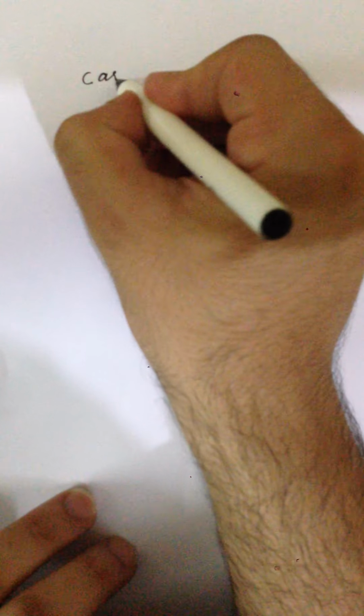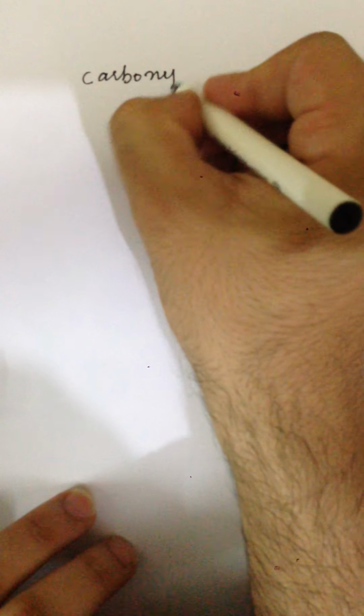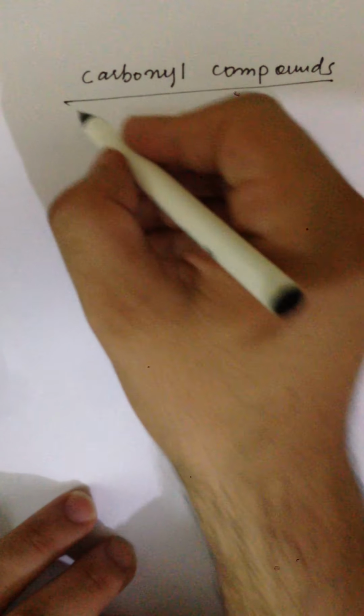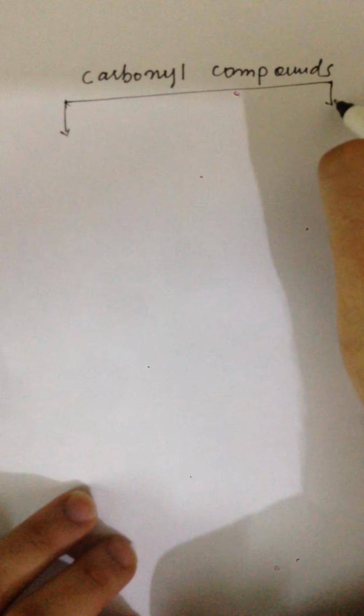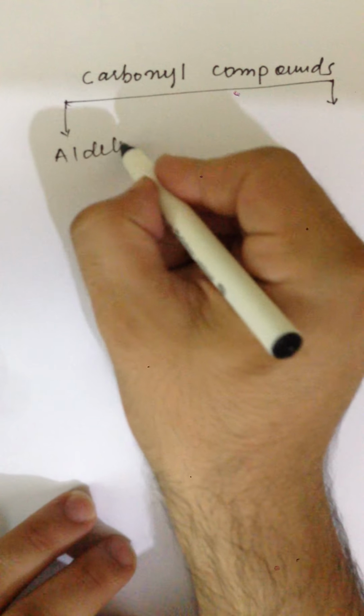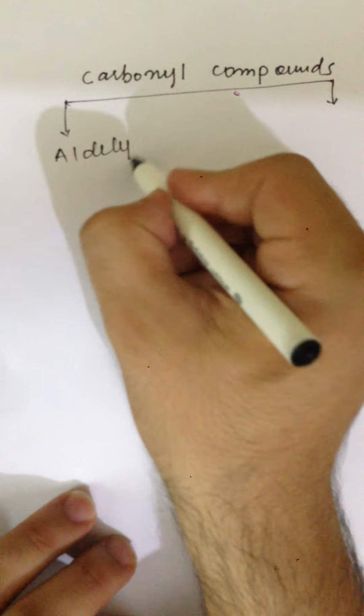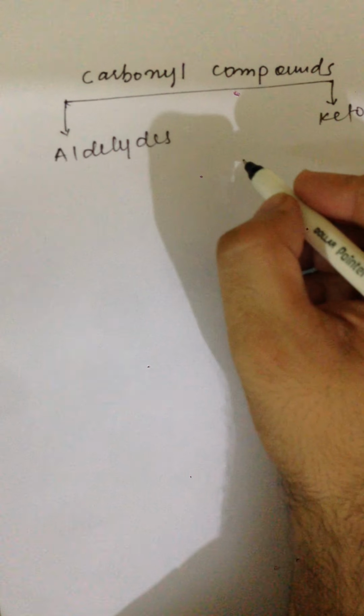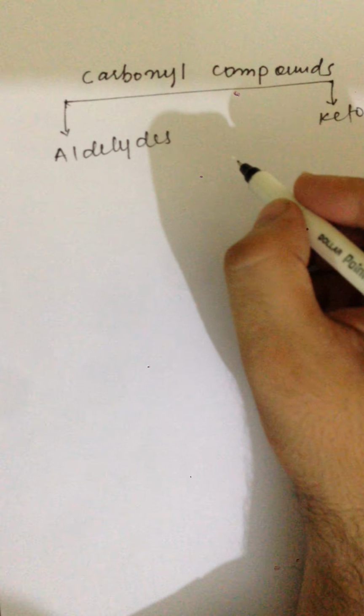The next class of compounds that we have is known as the carbonyl compounds. Carbonyl compounds can be aldehydes or ketones. Now, what are carbonyl compounds?